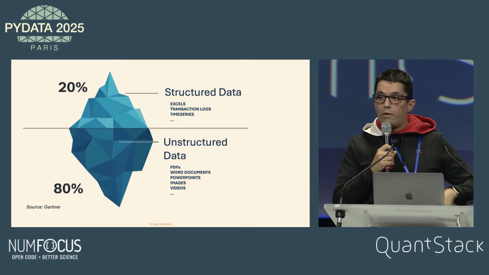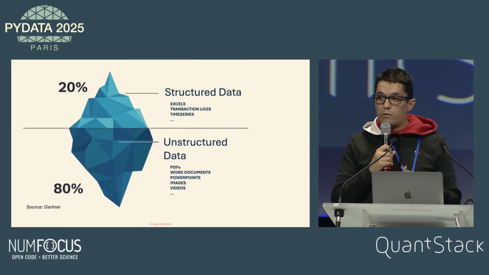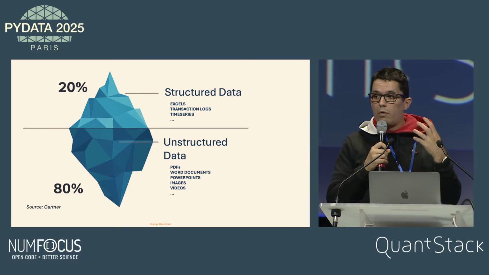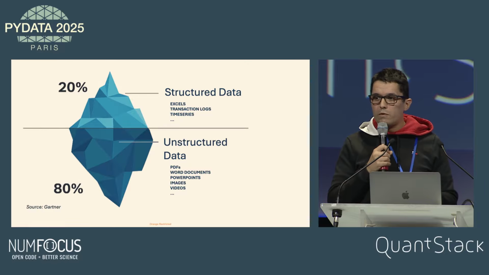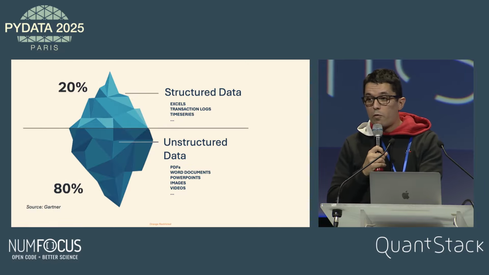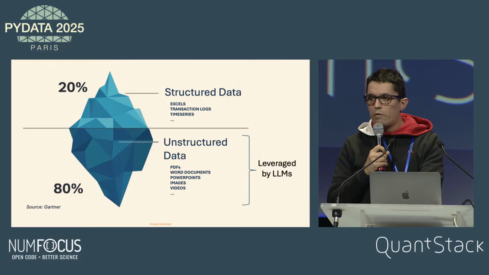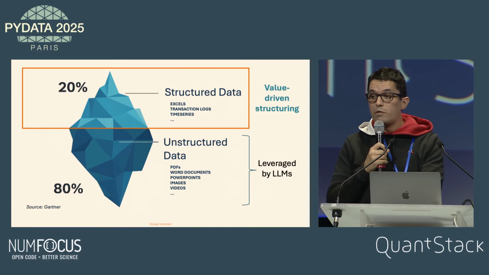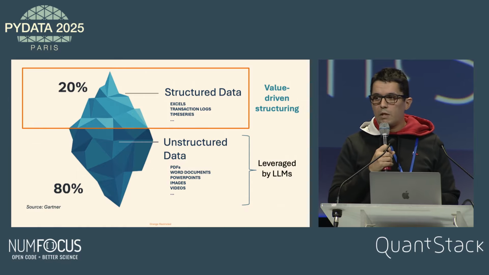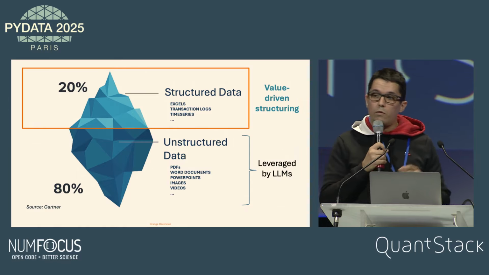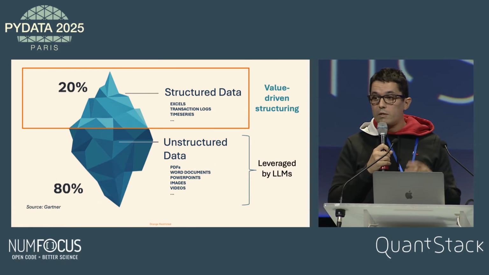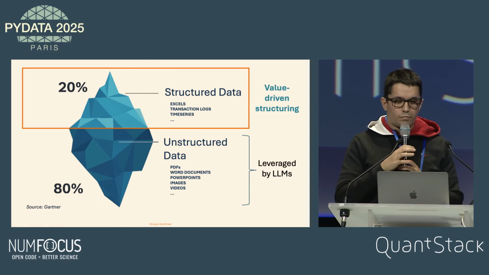But we should not forget that 20% of the data is structured. It's smaller in volume, but it's far from random, in fact. We have structured this data on purpose because it brings a lot of semantics for the business. So we should not forget that the value of the data in the enterprise is in the structured data.